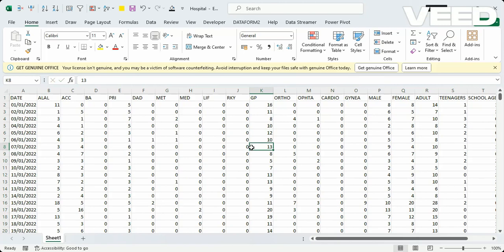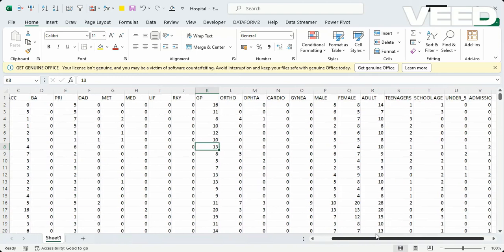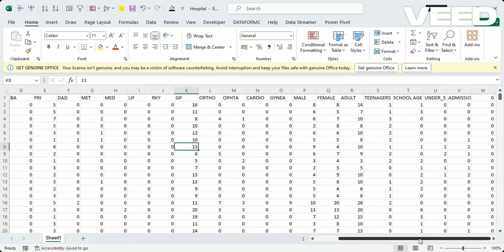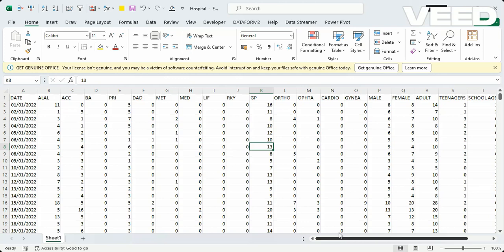So as you can see, I have put 0 into every blank spaces here, everything.